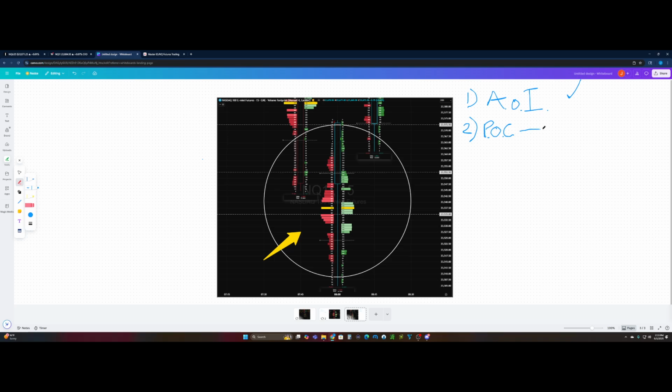And this is kind of a two-part step. Now you are going to look at the close of the candle. Now this depends on what time frame you're using. I'm using a 15-minute time frame.